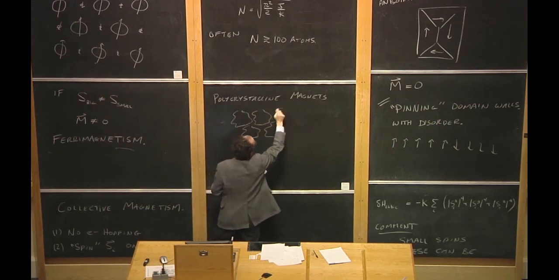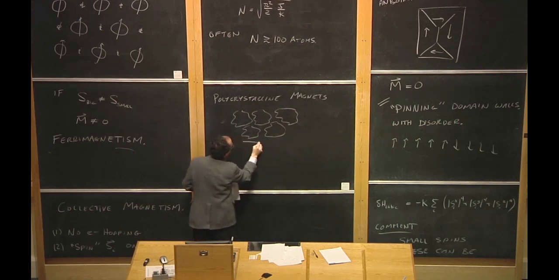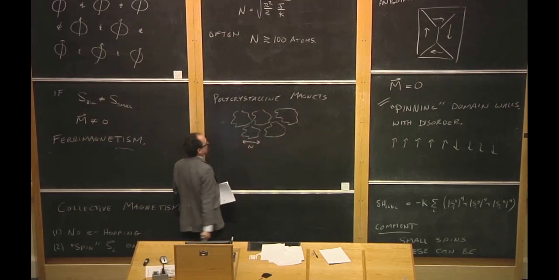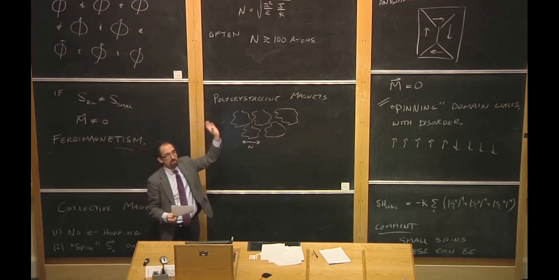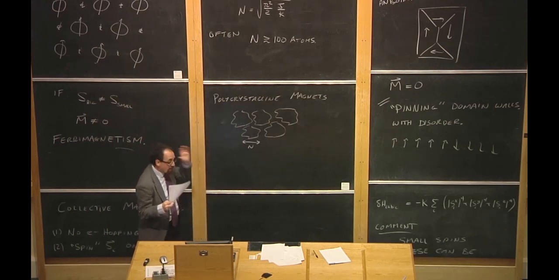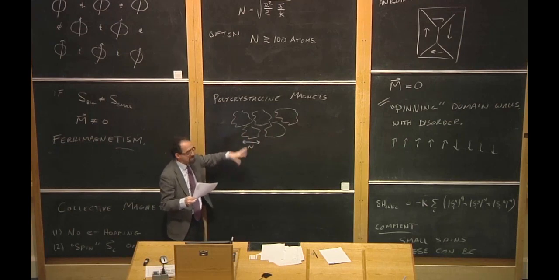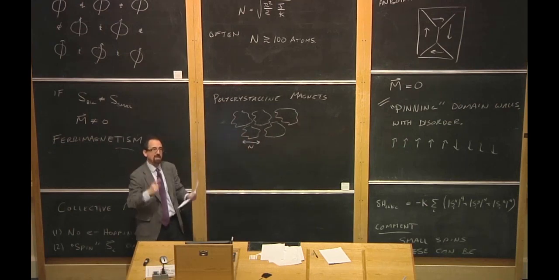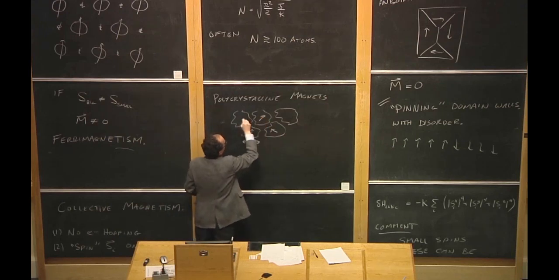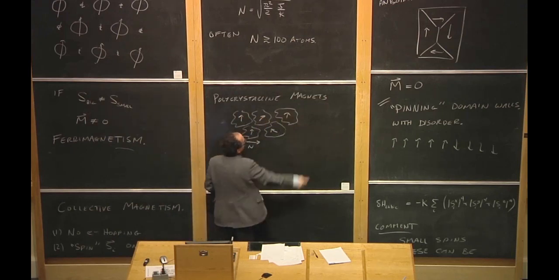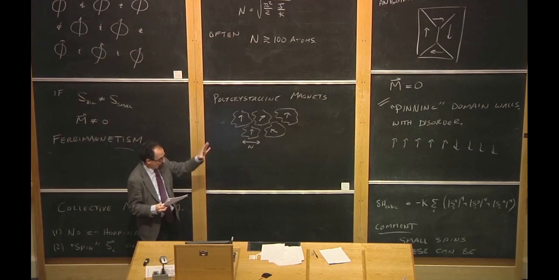And if the size of the crystallite in number of atoms going across is less than this magic number, the size of the domain wall, then the whole crystallite has to have its magnetization pointing in just one direction. Each crystallite can point in a different direction, but each crystallite has to be pointed only in one direction.